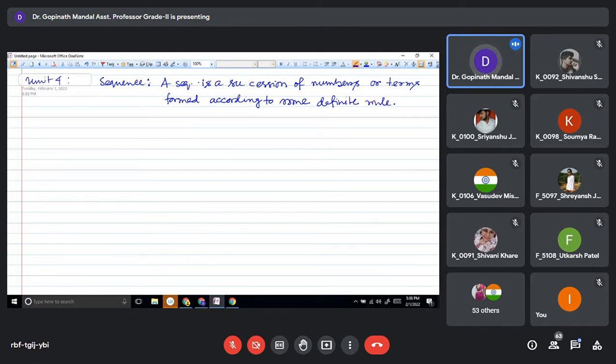That means the numbers or members of the sequence must follow some rules.